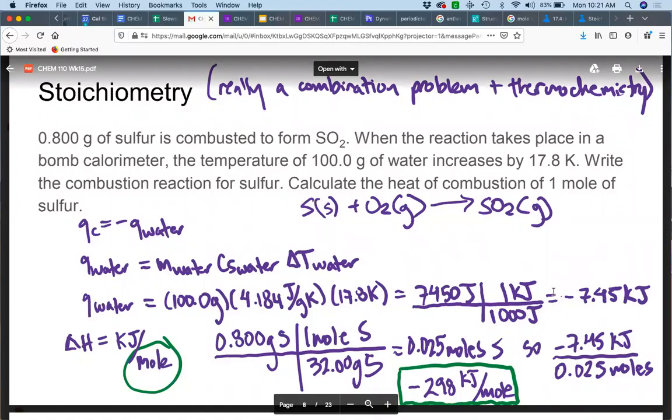Why is this negative sign there, right? Why do I have negative 7.45 kilojoules? Take a moment, think about what your answer would be, and give a reason why that might be negative in the chat box. What do you think? Why do we have a negative sign for our 7.45 kilojoules?